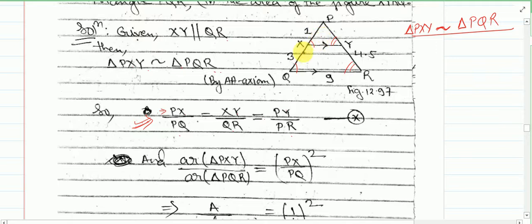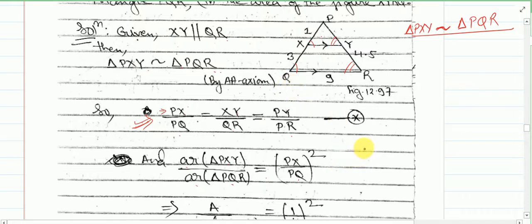So you will write area of the small triangle upon area of the bigger triangle equal to the square of PX upon PQ. Why? Because I know the value of PX and I know the value of PQ.